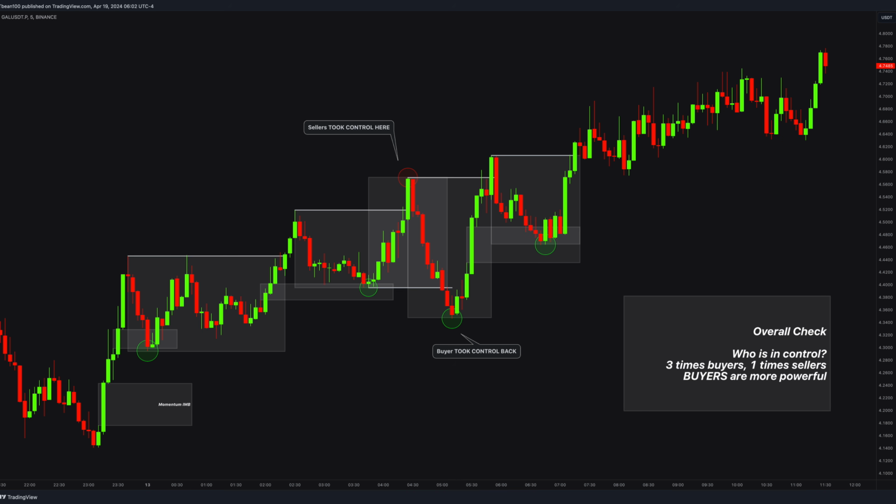Let's do a check here. 3-4 times buyers control the price and 1 time seller controls the price. As you can see, buyers have the general control in this asset and later on keep pushing the asset in its original uptrend.